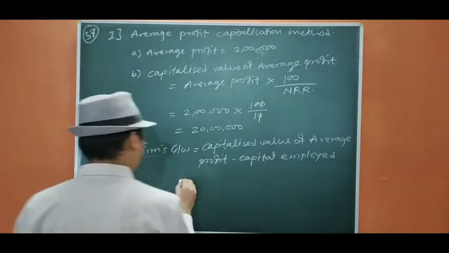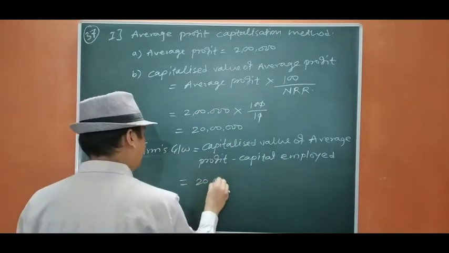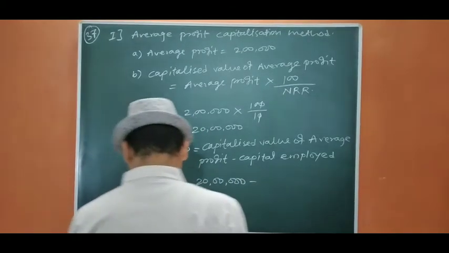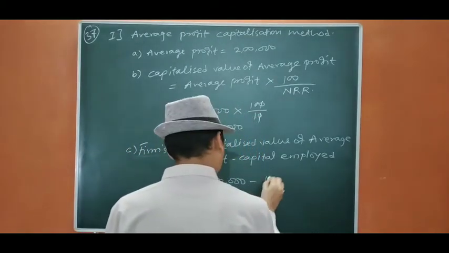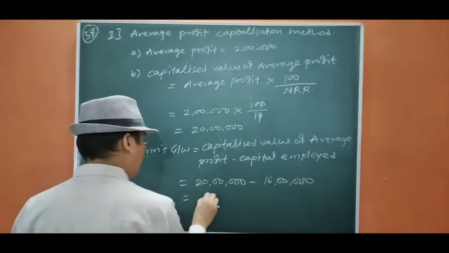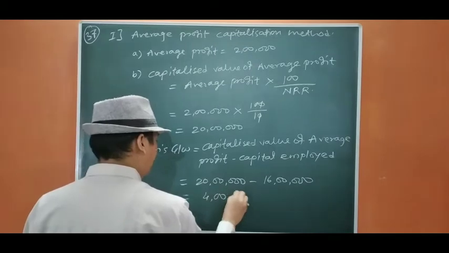So it is 20 lakh minus 16 lakh equals to 4 lakh. Okay, this is the first method.